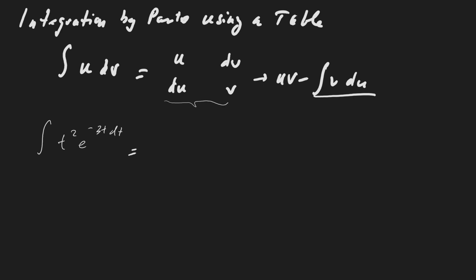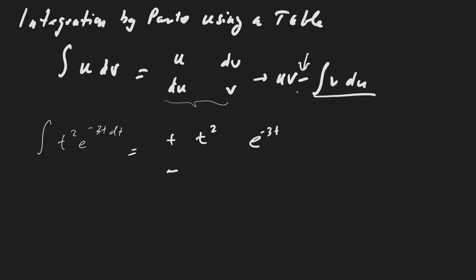Okay, so that's going to be equal to, now I'm going to take my u to be my t squared and my dv to be e to the minus 3t, and then I'll have a plus sign. So I'm going to be alternating signs just to remind myself about this negative sign.